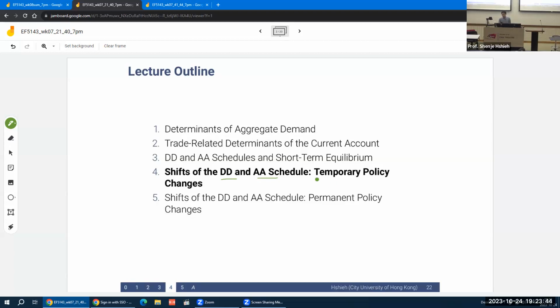So what we're going to do is try to combine everything that we've learned up to now. Even the absolute PPP condition, we're going to try to impose it when we can. But as you will see, it's not always possible to make that long-term condition true. As we will talk about fiscal policy, fiscal policy basically makes absolute PPP impossible to achieve.